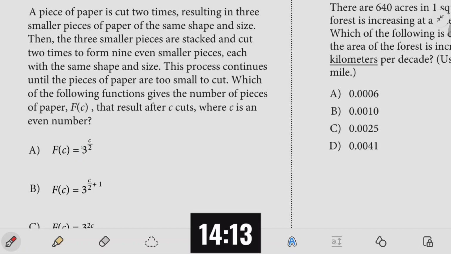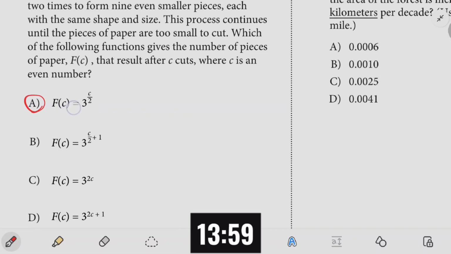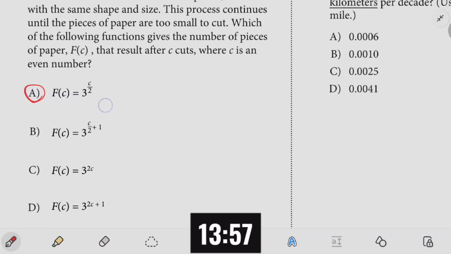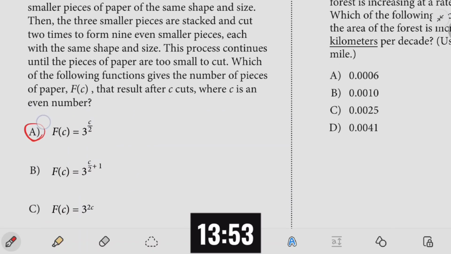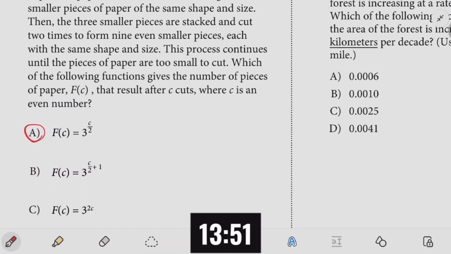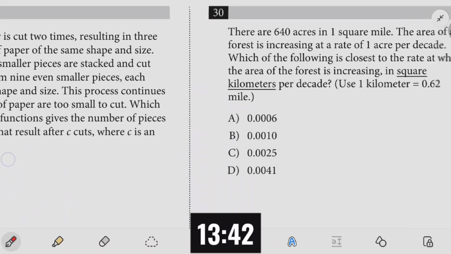When there are 6 cuts, yeah, I think this is the one. When there are no cuts, it's 1 piece of paper. When c equals 0, it's 1. Yes, no, maybe. Yeah, okay.